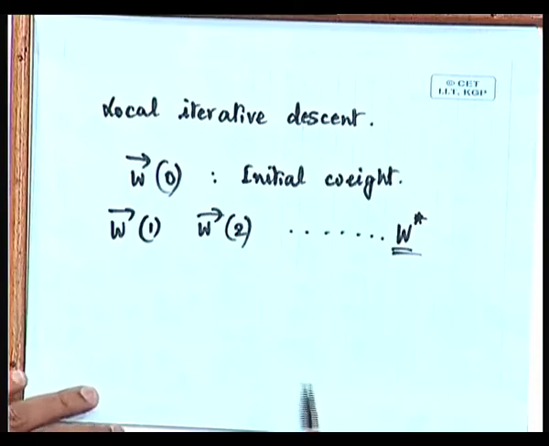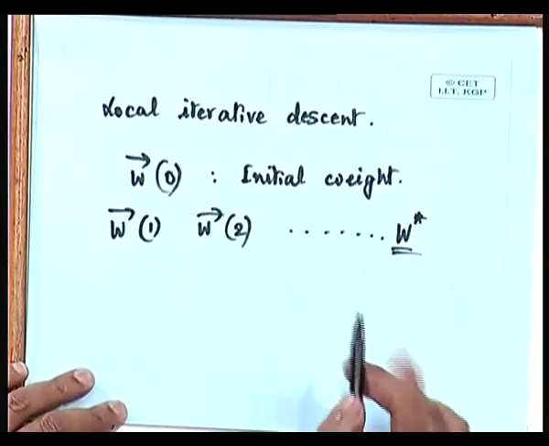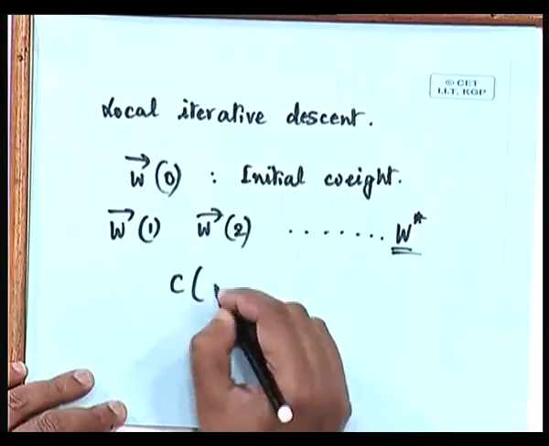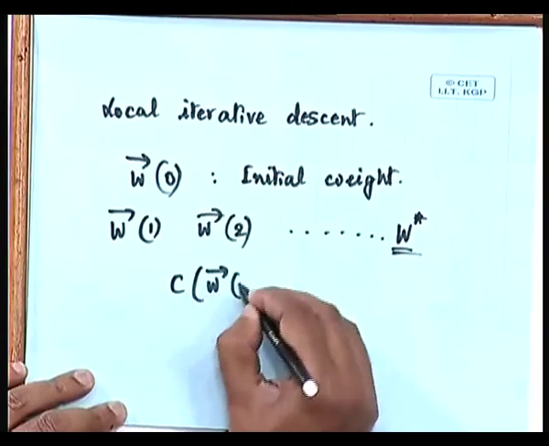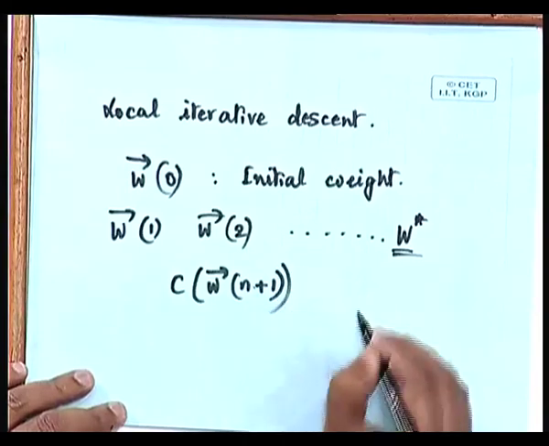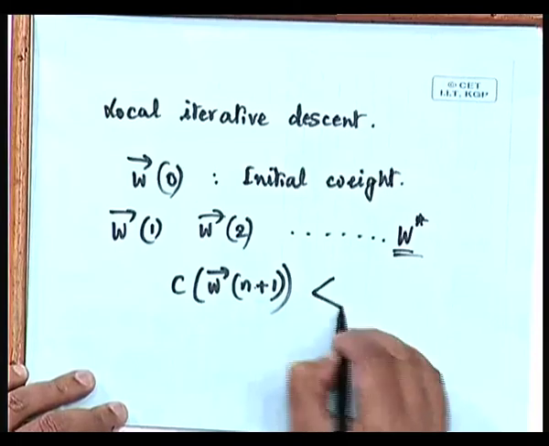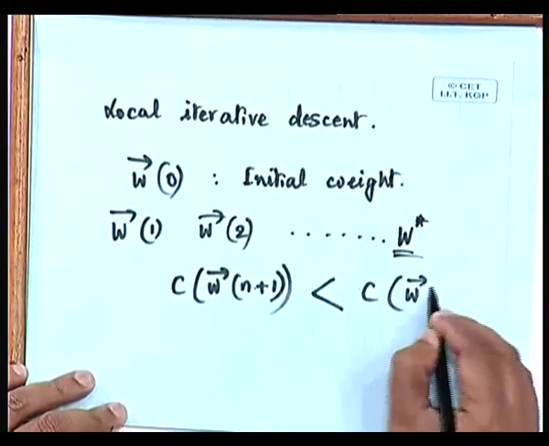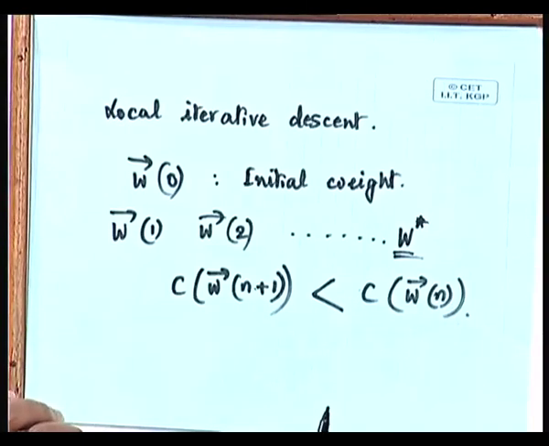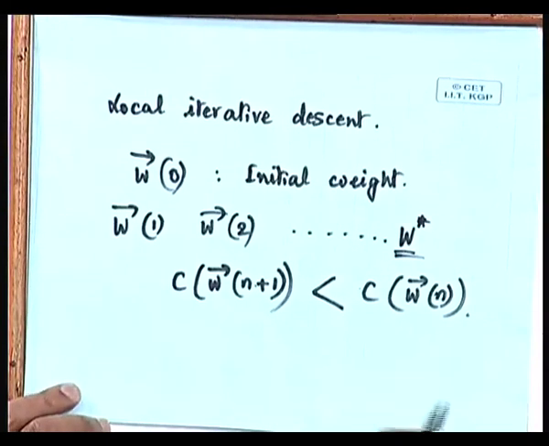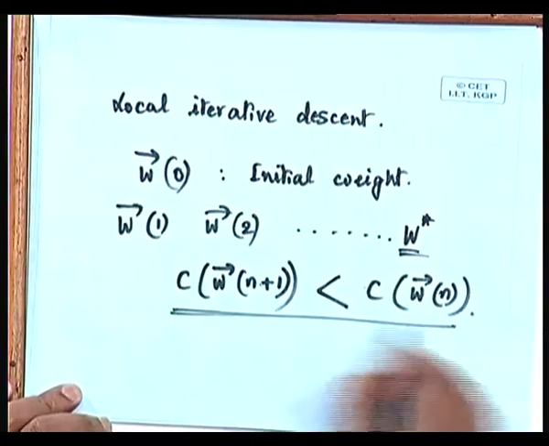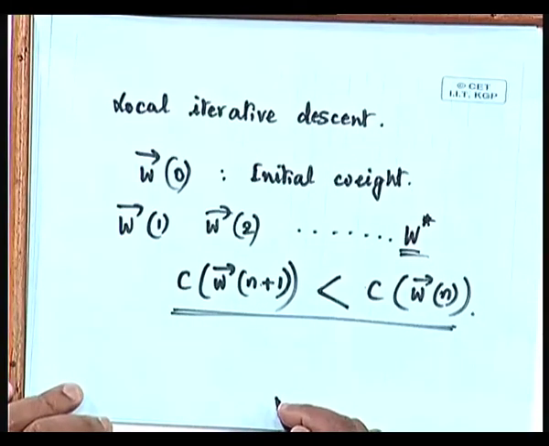But what must be ensured for convergence is that the cost at iteration n plus 1 must be less than the cost that we had at iteration n. If this is valid, then we can say that the network will ultimately converge, or let us hope that the network converges.